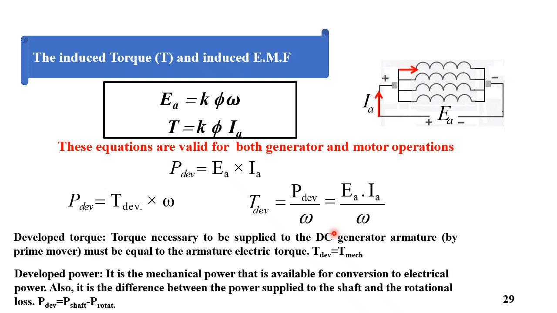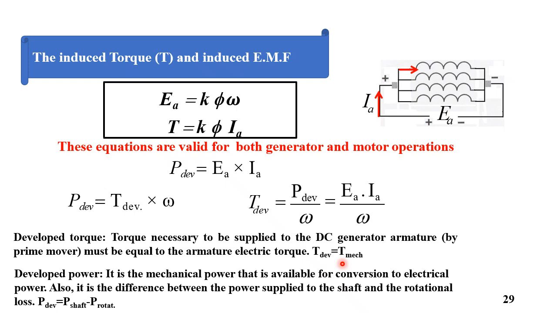The torque developed is the torque necessary to be supplied to the DC generator armature by the prime mover, and must be equal to the armature induced torque. The torque developed equals the torque mechanical.